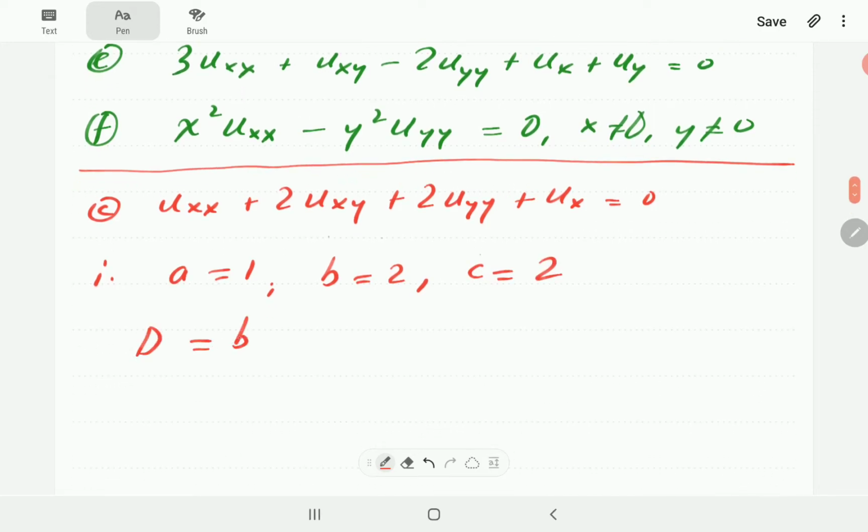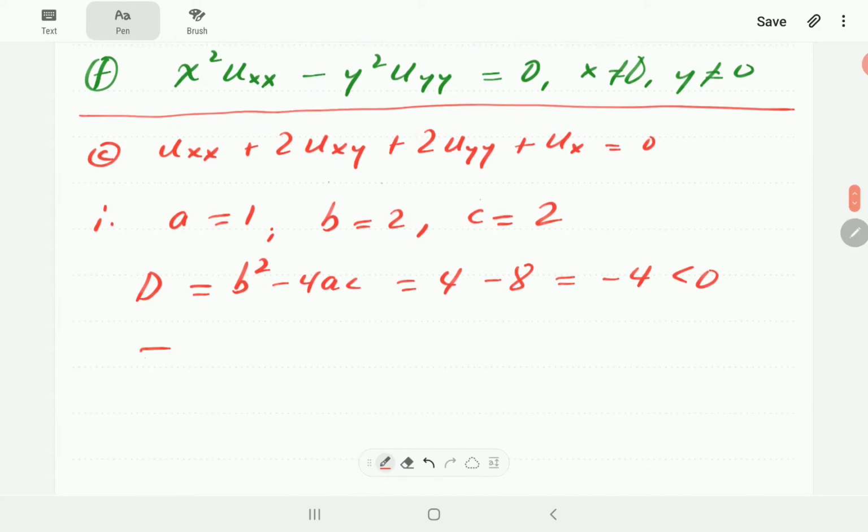So the discriminant B squared minus 4AC is going to be 4 minus 8. So this is going to be negative 4, which is less than 0. This is telling us that the PDE is elliptic.